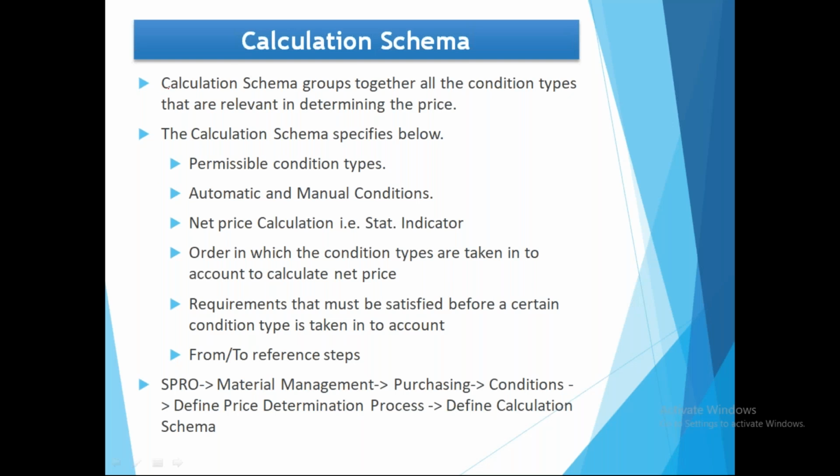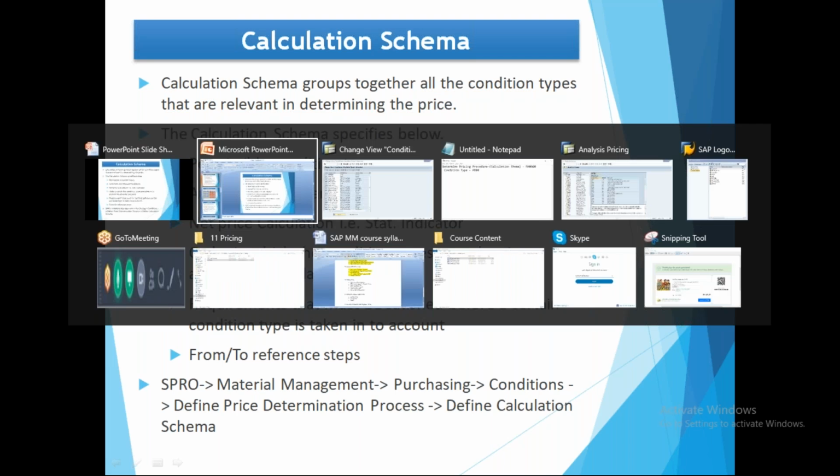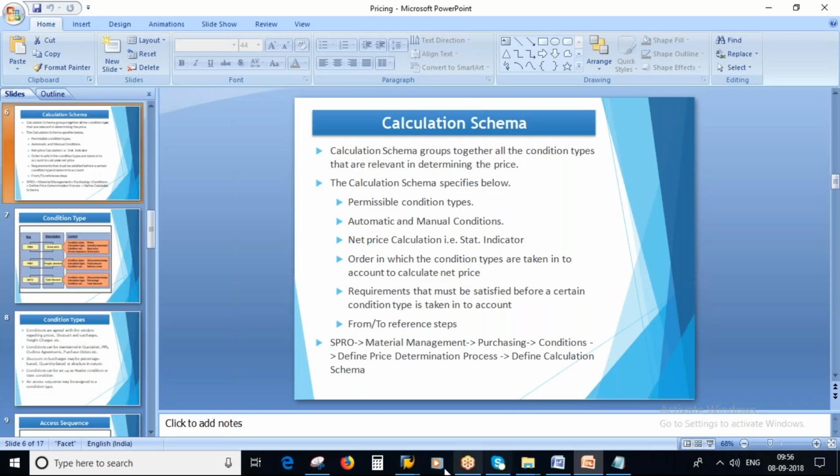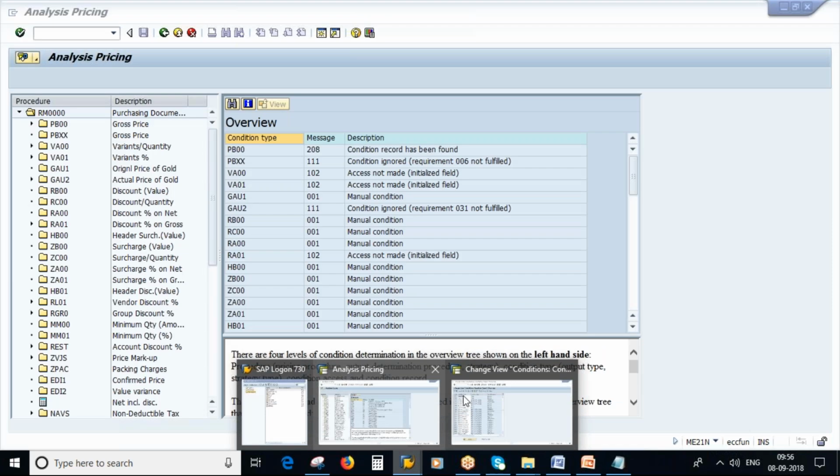So calculation schema groups together all the condition types that are relevant in determining the price. In the calculation schema pricing procedure, you have all the condition types. Okay, so calculation schema specifies basically permissible condition types. I have shown you, this is the one, all the permissible condition types. Let us go back to that.